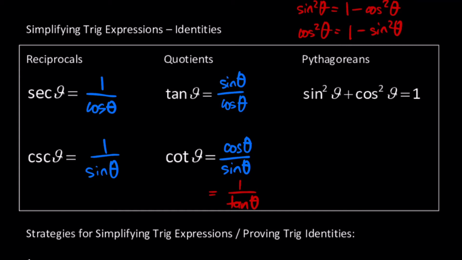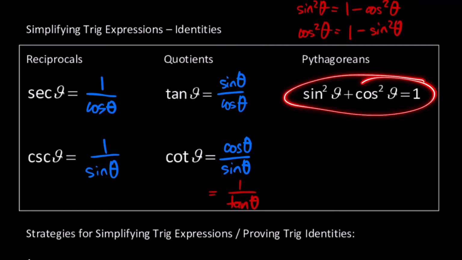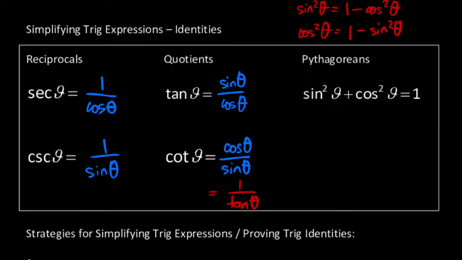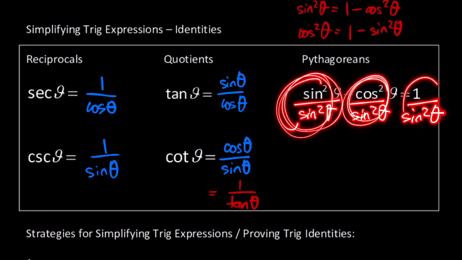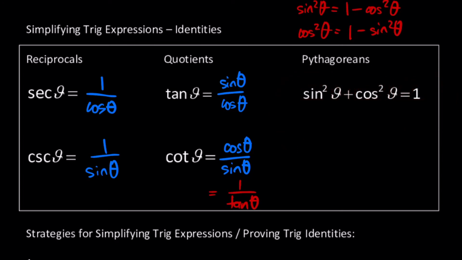Now there are 2 other trig identities we can get. The first one we get if we divide every one of these terms by sine squared theta. This would give me a 1, this would give me cotangent squared, and that would give me cosecant squared. So I have 1 plus cotangent squared theta equals cosecant squared theta.